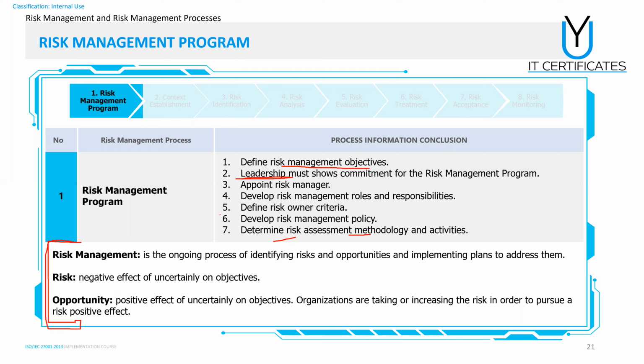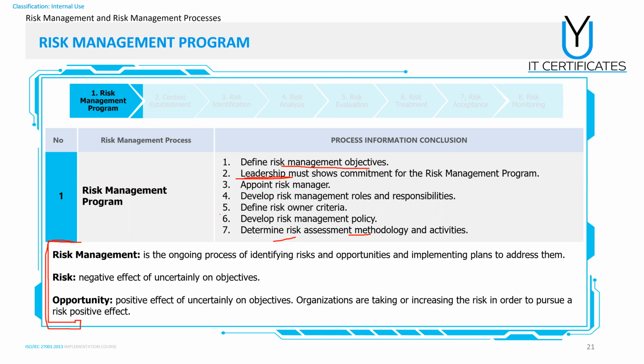The leadership or the management also has to develop roles and responsibilities for the risk management program. It is very important to understand what are the roles and responsibilities. First thing, you have to appoint a risk manager who will be responsible for the risk management program.